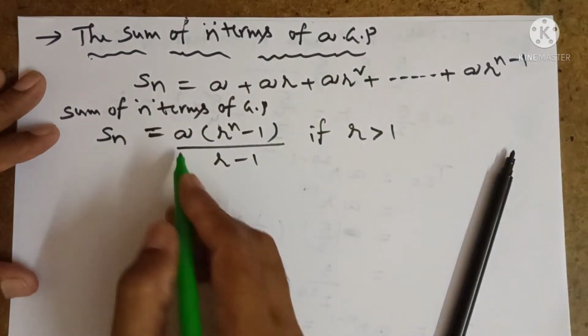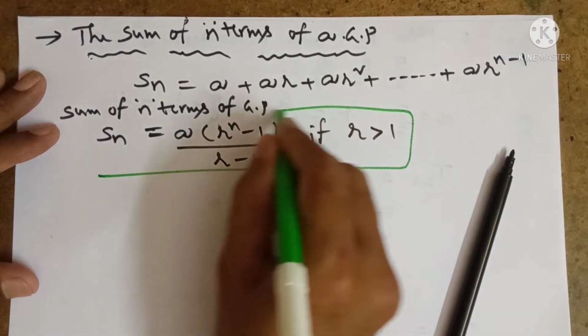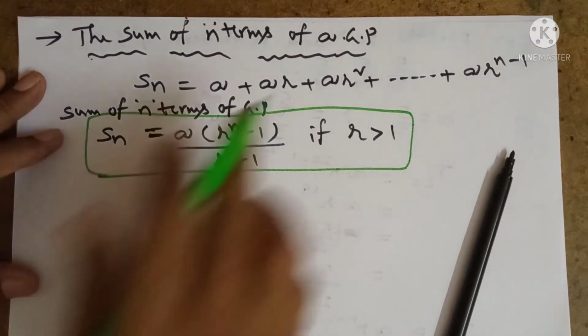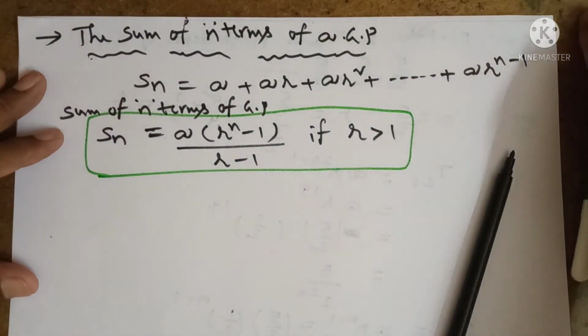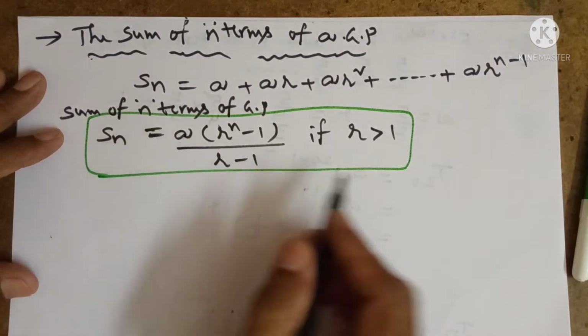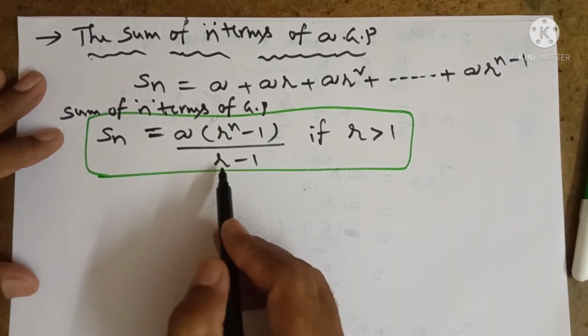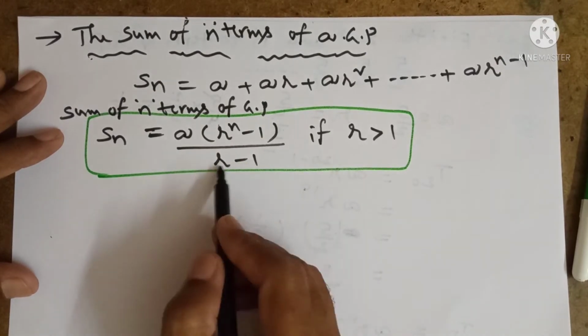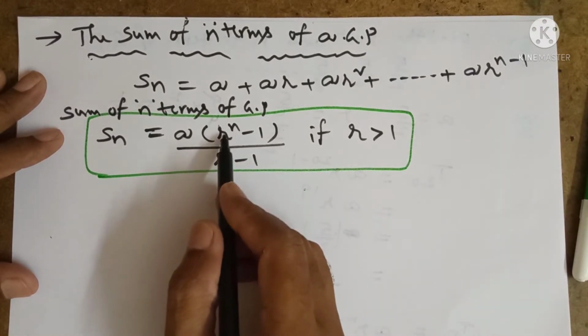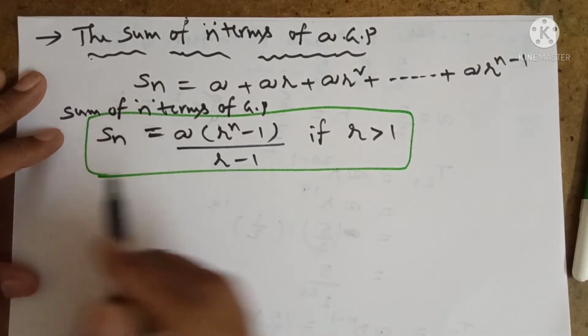This is the sum of n terms of GP formula. If r is greater than 1, the denominator is r minus 1 and the numerator is r power n minus 1, into a.